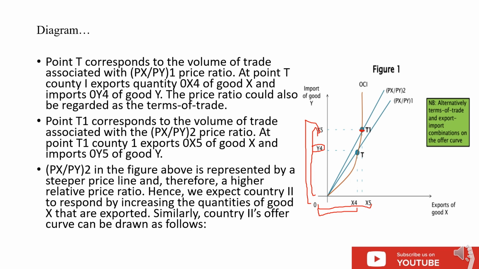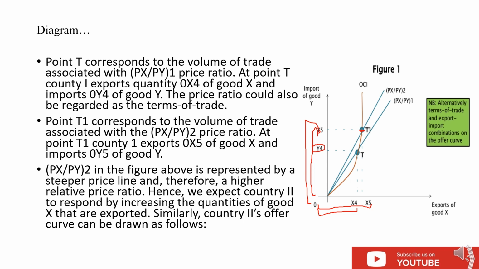Similarly, country 2 offer curve can be drawn as follows. So this is the country 1 diagram where one country wants to import how much from 0 to y4 and how much they export 0 to x4.